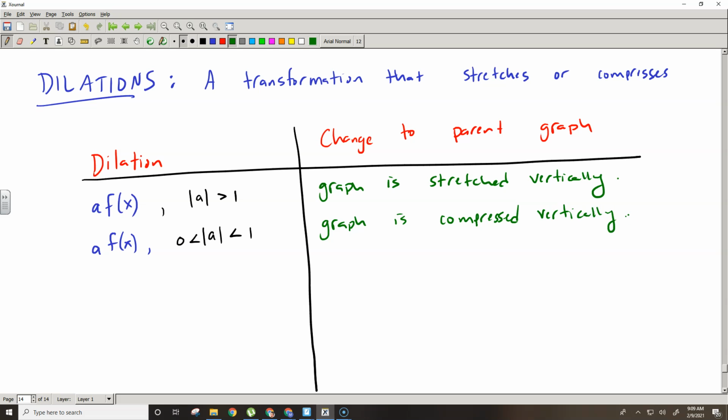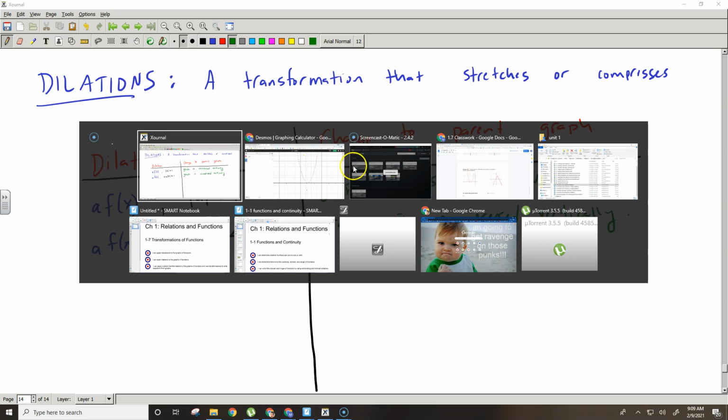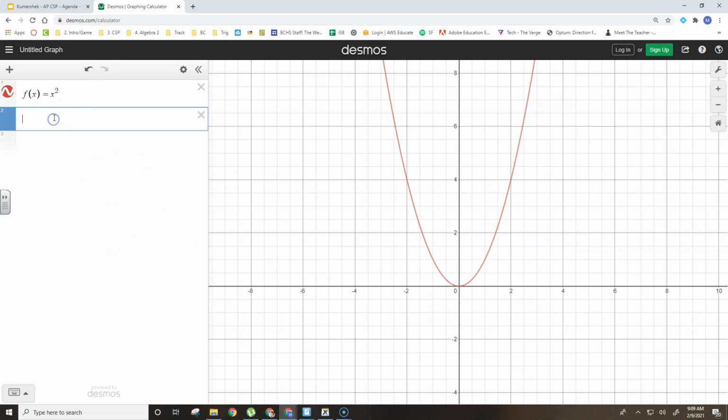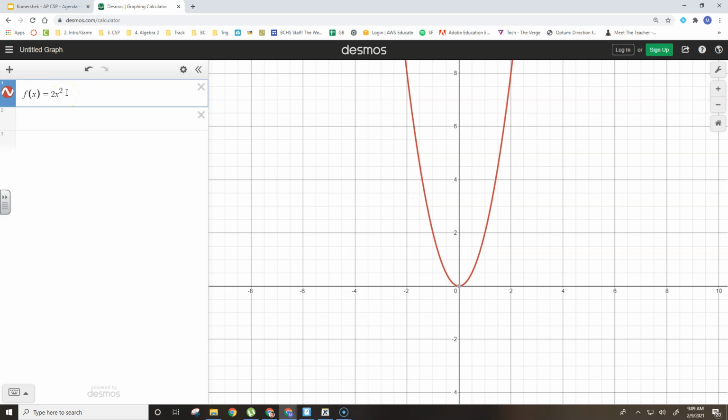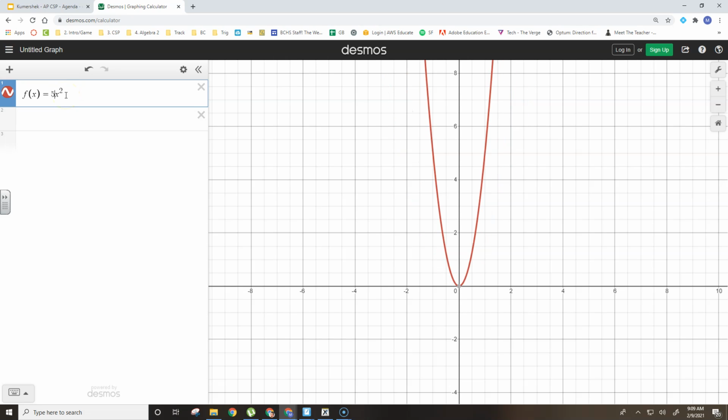Okay, now we can kind of see that if we look at something like this, right? If I have f of x and it's x squared, and I multiply that by an a value of 2, you can see that we can think of this as being stretched vertically. You can also think of it as a horizontal compression too. Some of these things are equivalent that we're going to talk about. But this is sort of stretching it out vertically.